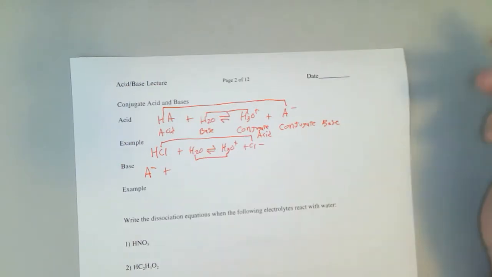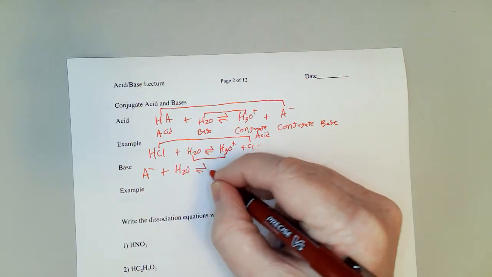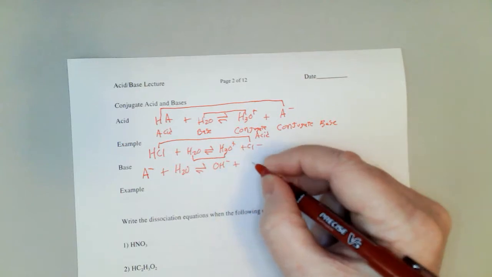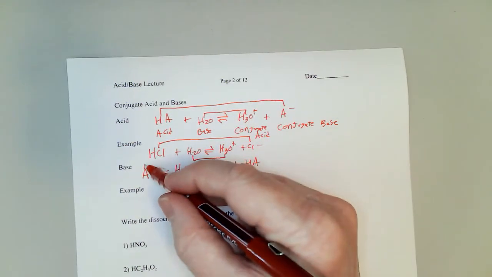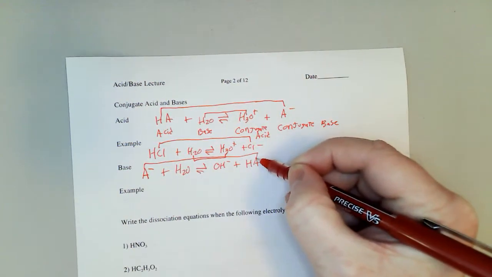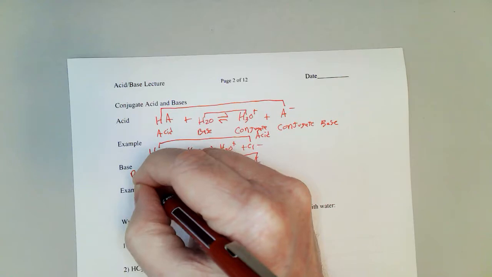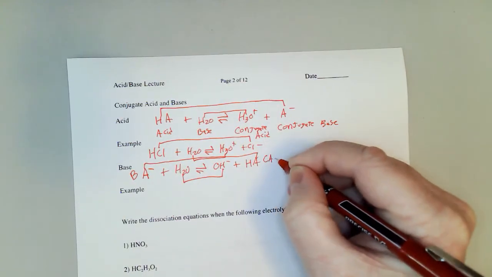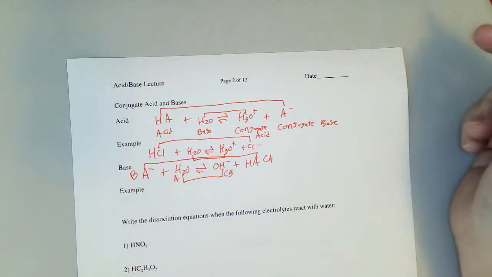Doesn't have to have a negative charge, though. Plus H2O gives us OH- and HA. This is a conjugate pair. This is a conjugate pair. This is the base, making this the conjugate acid. This would be an acid, making OH- the conjugate base.